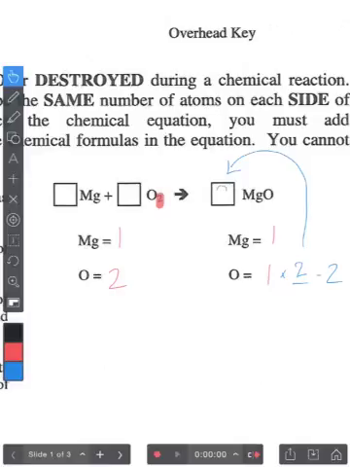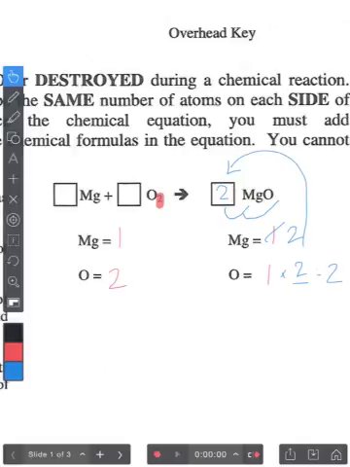So I put the 2 in this box. But now, due to the distributive property, if you remember, you have to always distribute. So I distribute this 2 to the Mg, which takes that from a 1 to a 2. And then I distribute it also to the oxygen, which, as we know, it was to equal 2. And it does. It does equal 2.